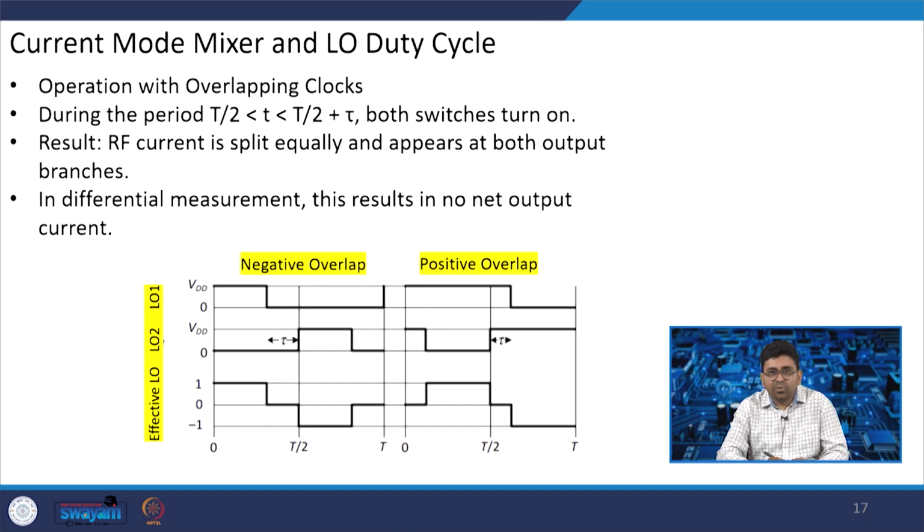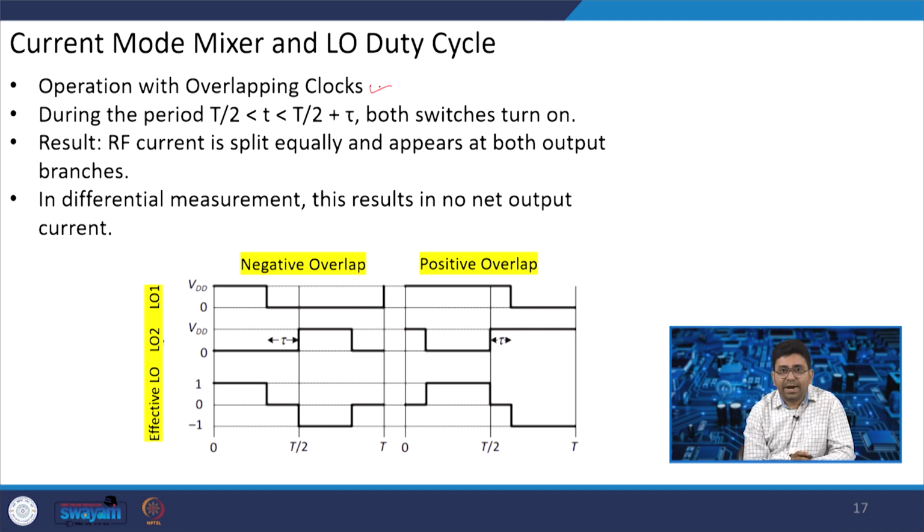In the current mode mixer, the LO signal can have a different duty cycle, so how will the LO duty cycle impact the overall performance of the passive mixer? Let us understand operation with overlapping clocks.